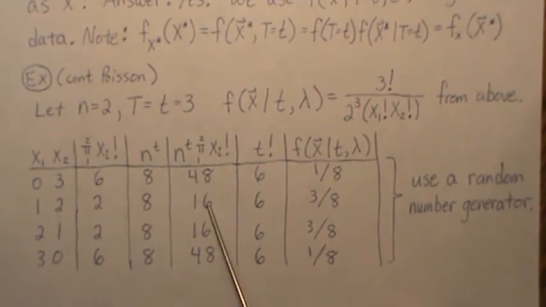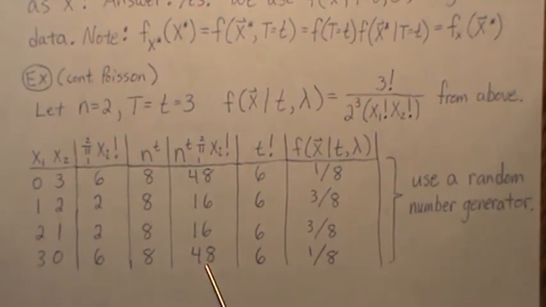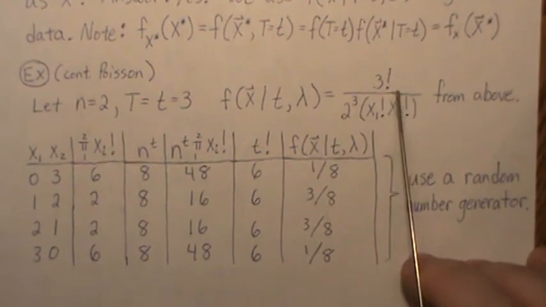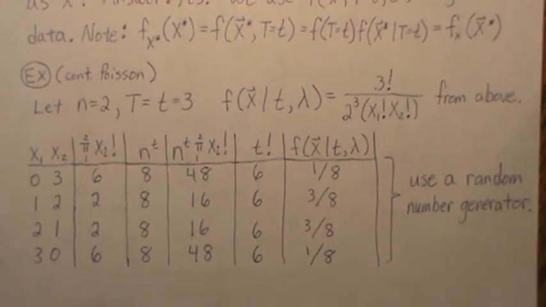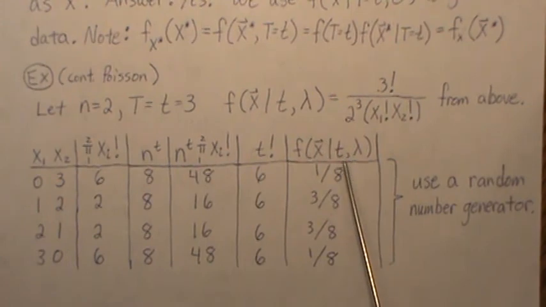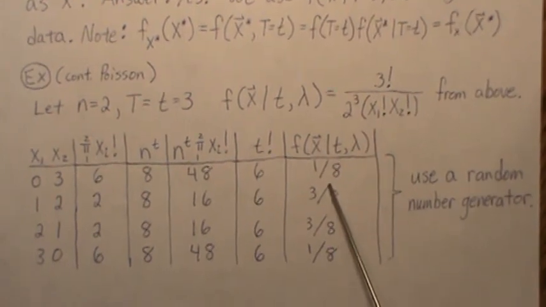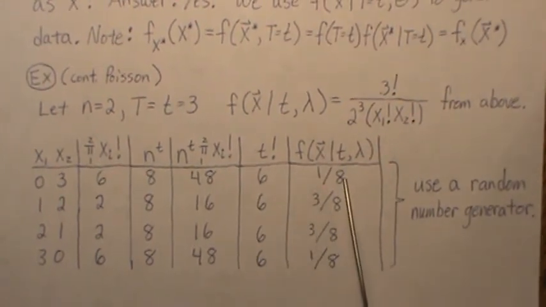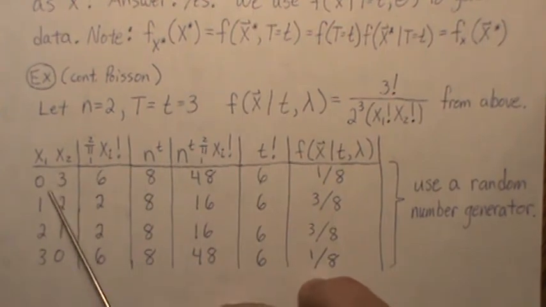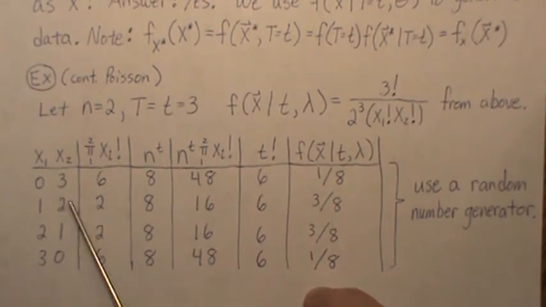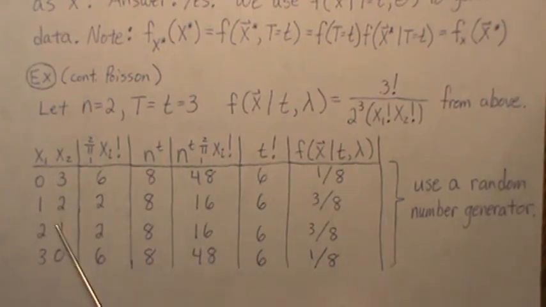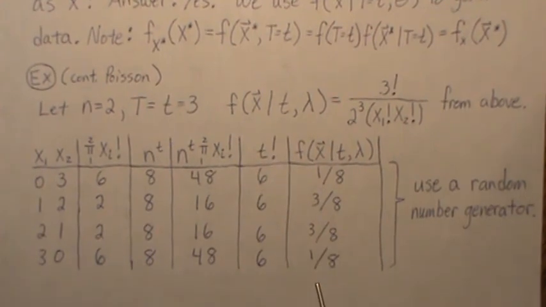And so it's 48, 16, 16, and 48. Now the top piece, 3 factorial, is always 6. So then this density becomes this. So for this sample that we could have collected, the probability is 1/8. This is 3/8, 3/8, and 1/8.